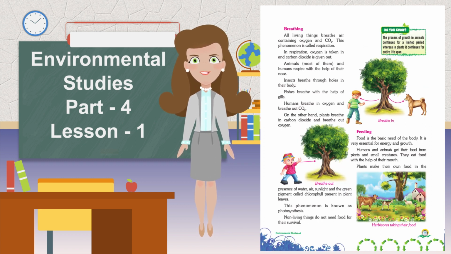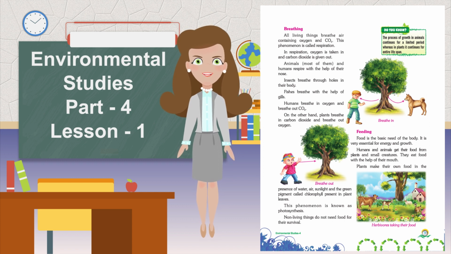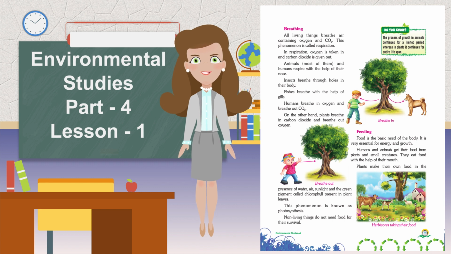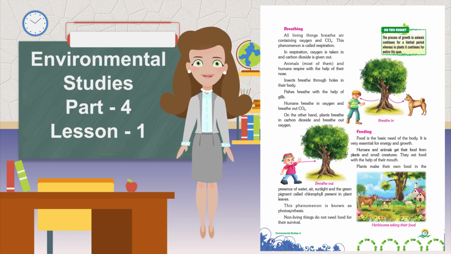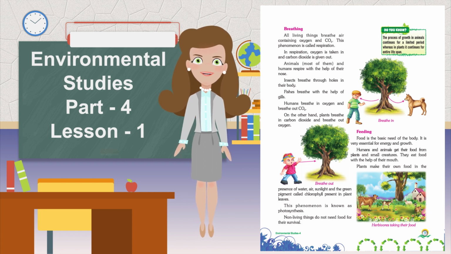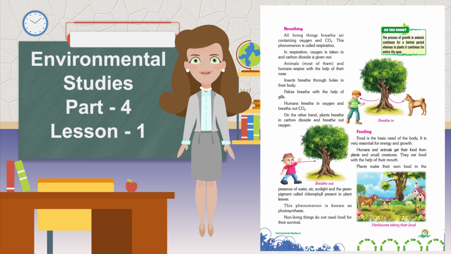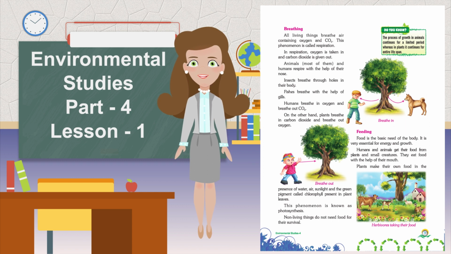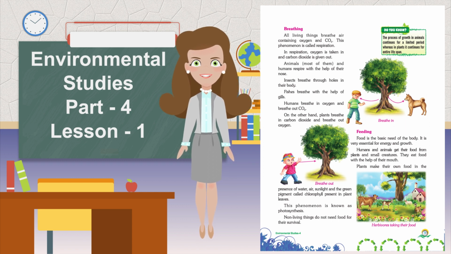Breathing. All living things breathe air containing oxygen and CO2. This phenomenon is called respiration. In respiration, oxygen is taken in and carbon dioxide is given out. Animals, most of them, and humans respire with the help of their nose.